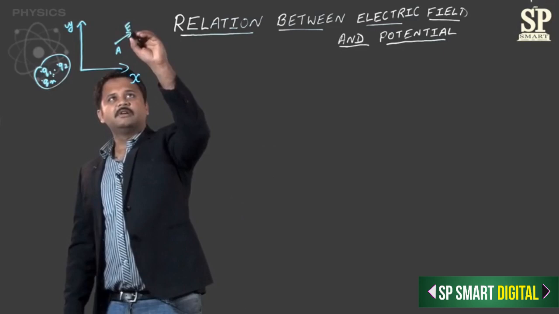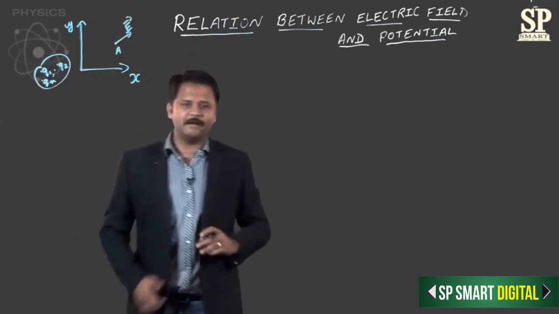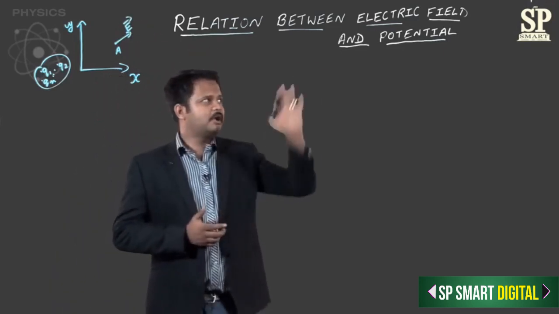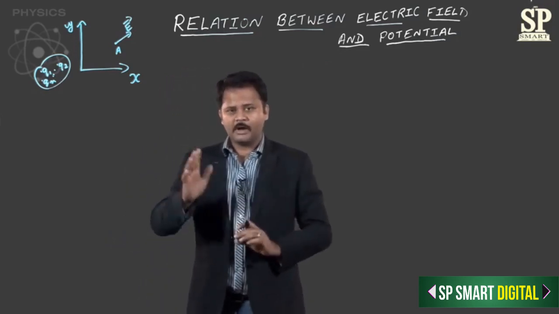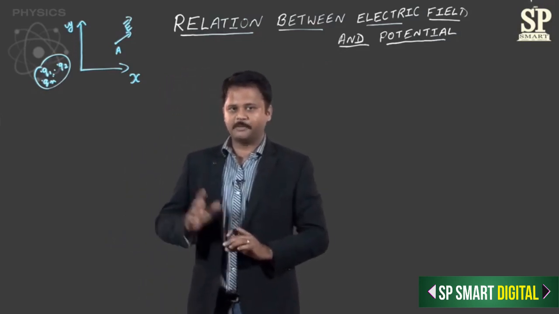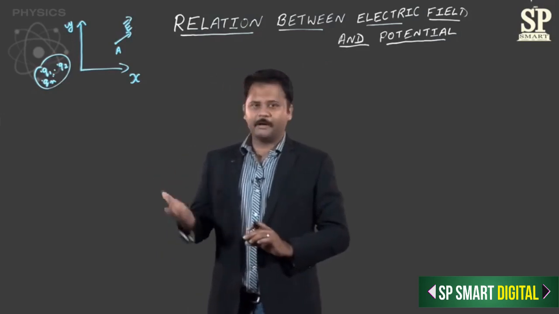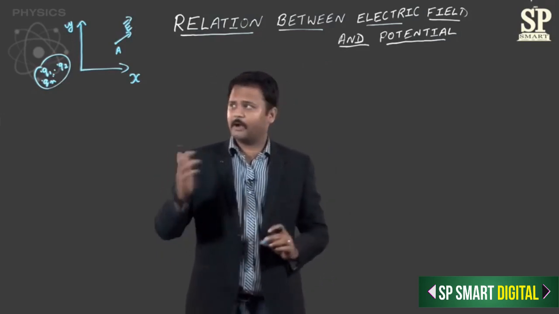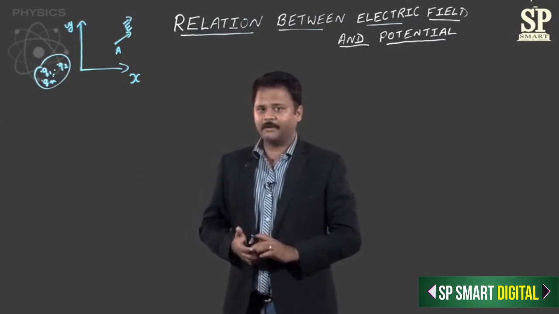Sometimes the electric field intensity itself, in shorthand notation, is called electric field. So I would suggest that you don't get confused because of that shorthand and be comfortable with this interchanging of the names.